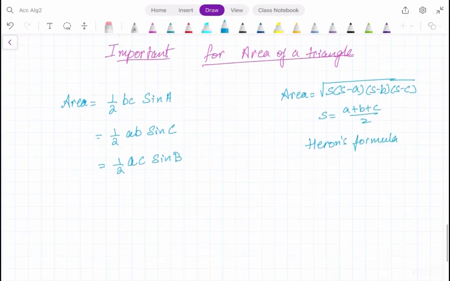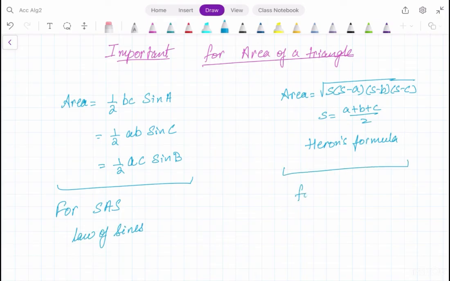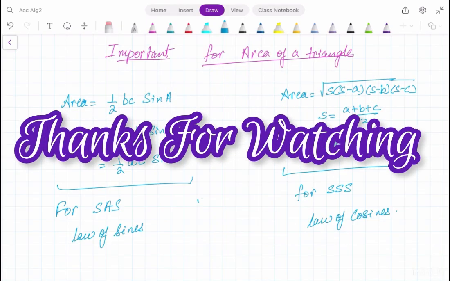Right? There are two cases of law of cosines. Heron's formula is used for SSS, not SAS. For SAS, we are using the law of cosines, but when all the sides are given, we are using Heron's formula. That means for side, side, side. So these are the important things that you need to keep in mind.